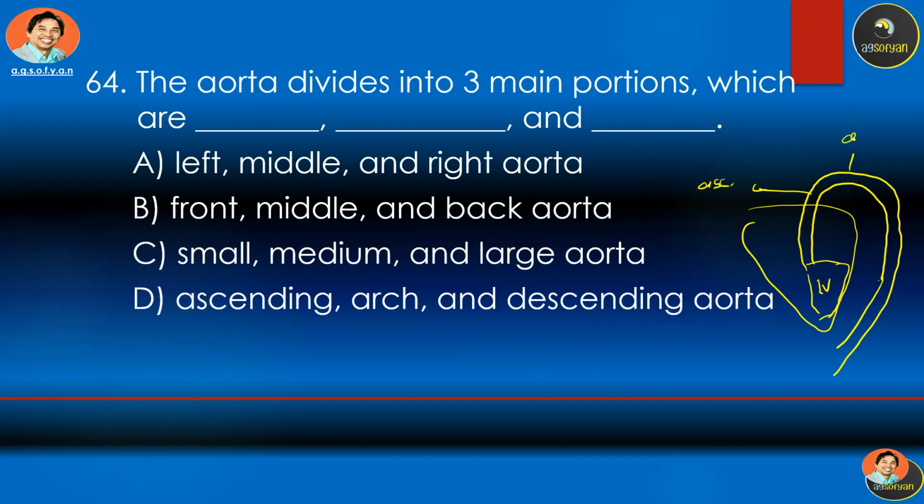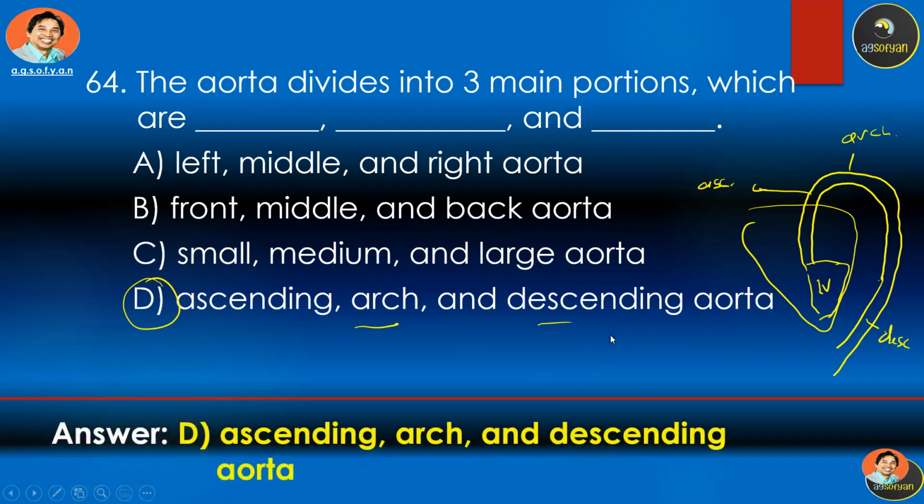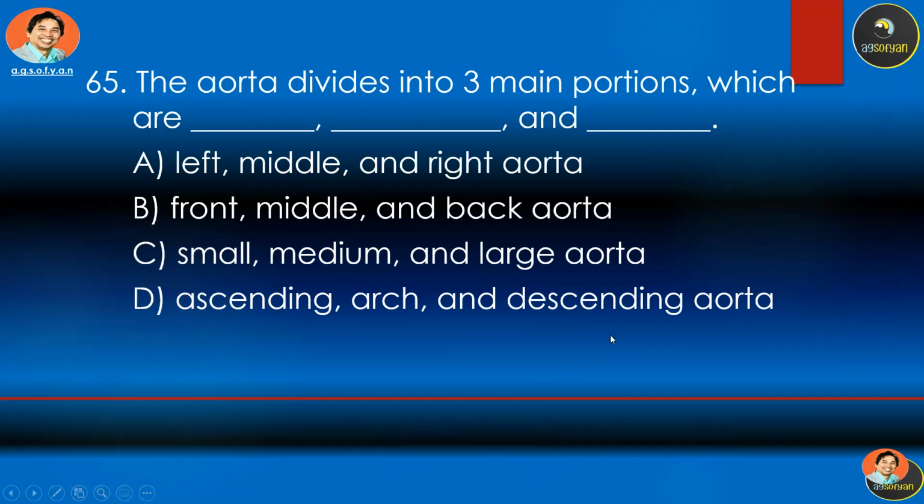And then the arc of the aorta and the descending part. Okay, it's going to be ascending aorta, the arc of aorta, and descending aorta. The aorta divided into three main portions, I think you already answered this question.